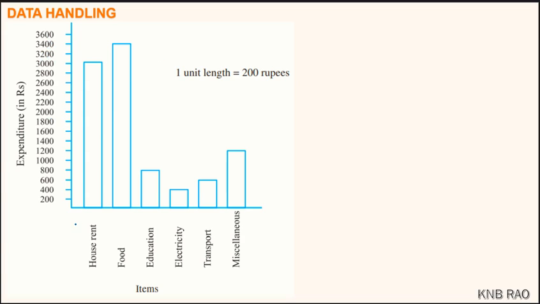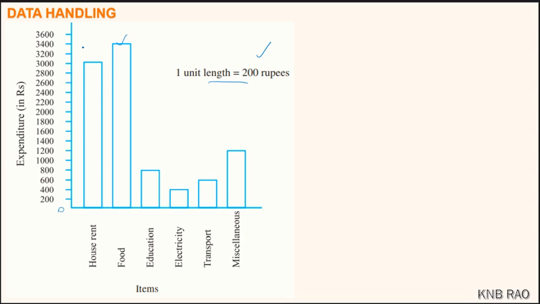Here 1 unit of the vertical axis is considered as 200 rupees. So, each unit is marked as 200, 400, 600, 800 and so on. We need up to minimum 3600 because we need to show the height up to 3400. So, we need a minimum of 17 to 18 units on the vertical axis.